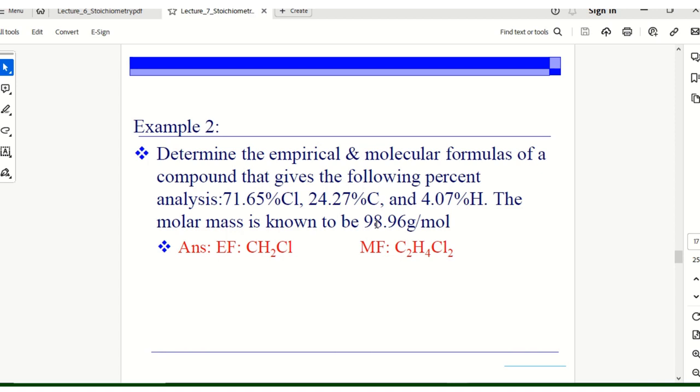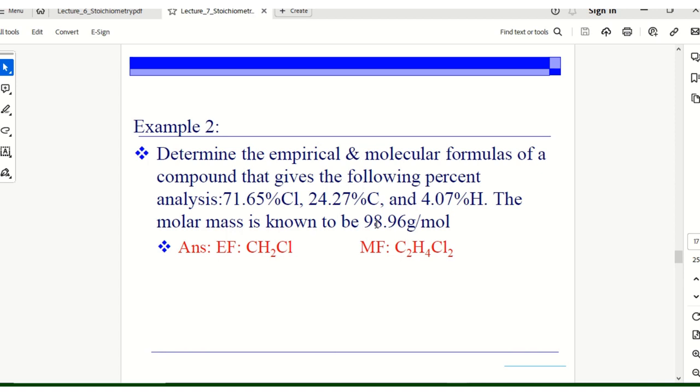So just divide those, 98.96 divided by 49.48. We have a 2. So our N is equal to 2.